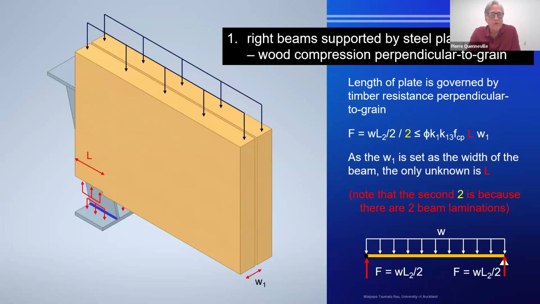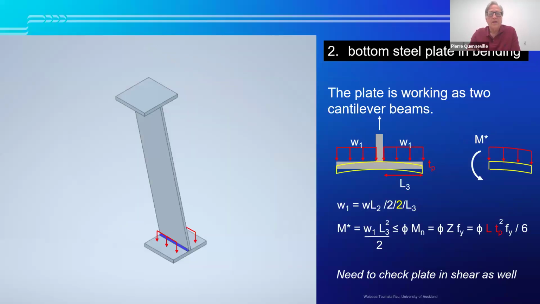And at this point, we would have taken the decision that the plate would be as wide as the 2 laminations. So once we know the length, we need to determine the thickness of that steel plate.